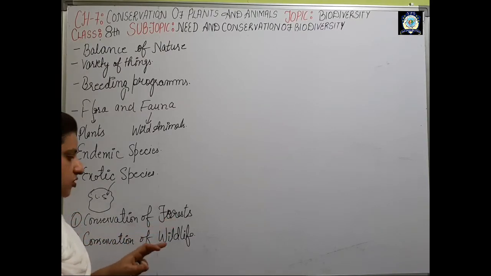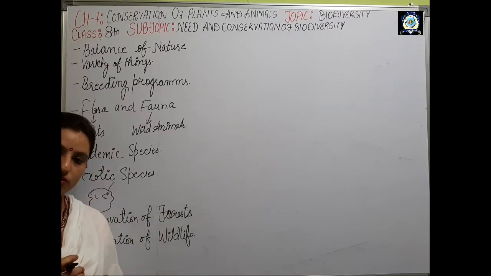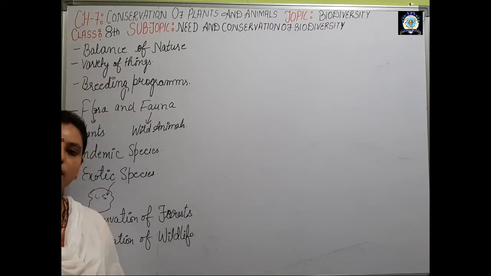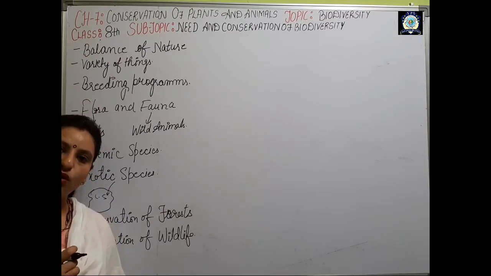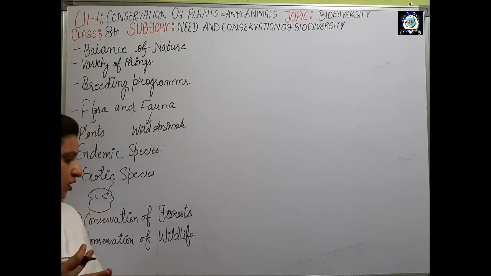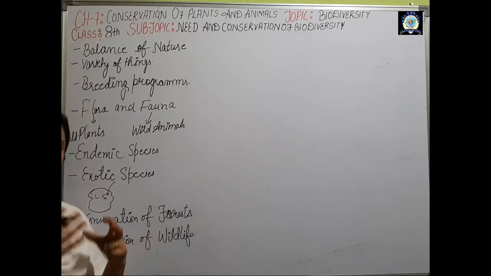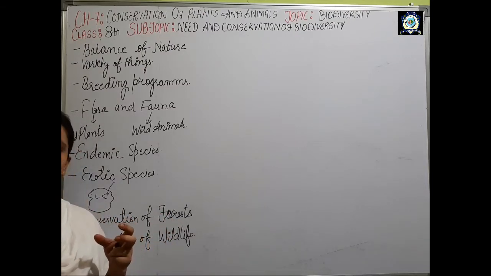Conservation of forest means we are conserving our forests. What is a forest? A forest is a place which has a large number of species of wildlife, and especially a greater number of plants and trees. We know that plants, animals and humans are all interdependent on each other. Why?